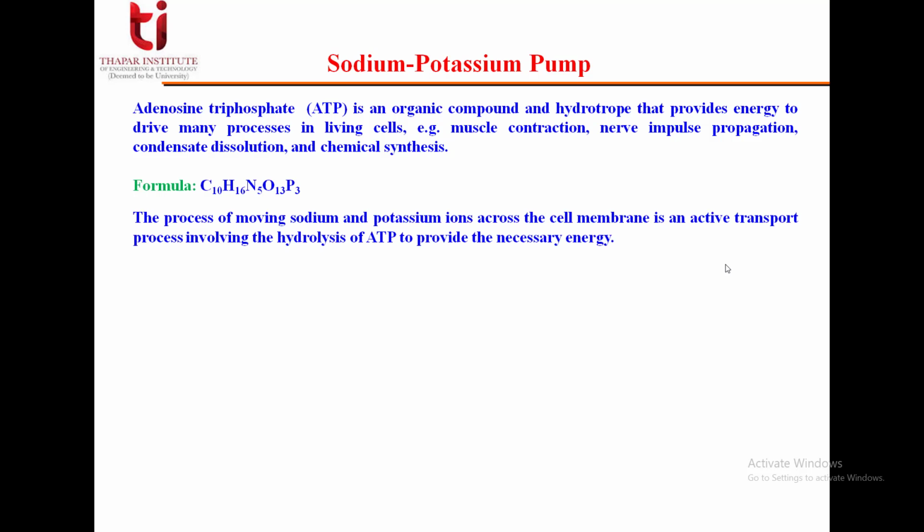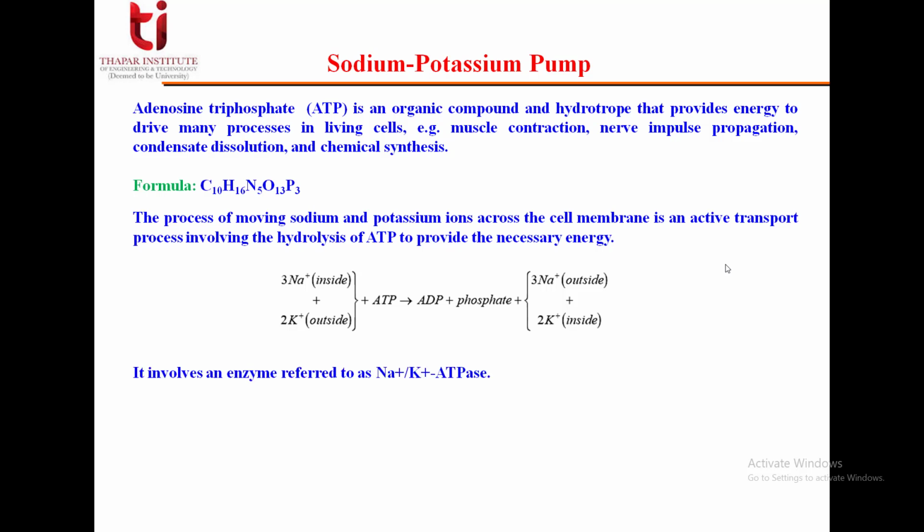The process of moving sodium and potassium ions across the cell membrane is an active transport process involving the hydrolysis of ATP, adenosine triphosphate, to provide the necessary energy. This is how it happens. The hydrolysis of ATP converts it into ADP plus phosphate, and 3 sodium ions move outside and 2 potassium ions move inside.